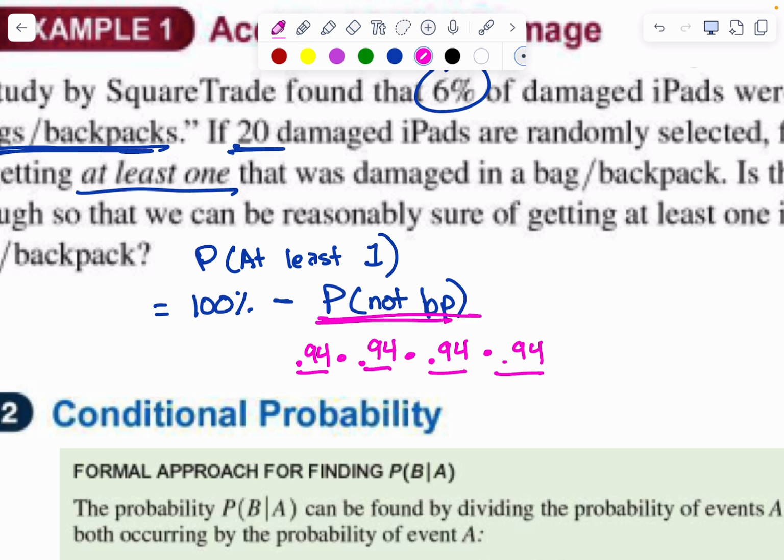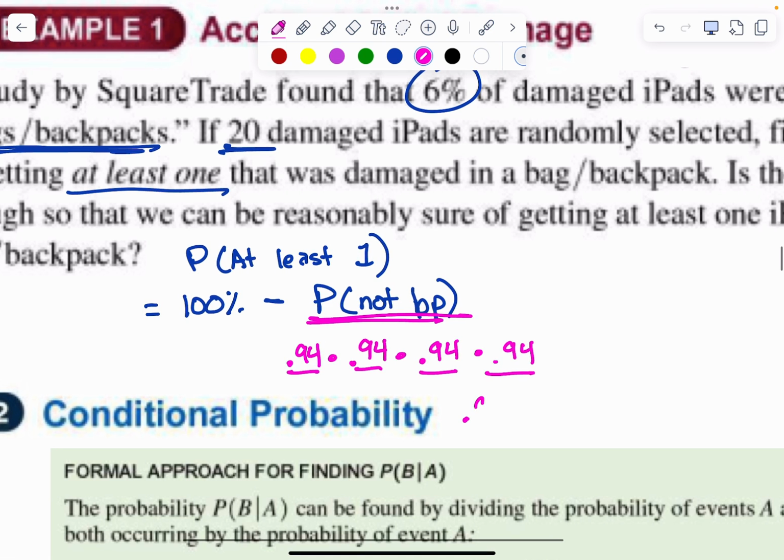So 0.94, 0.94, 0.94, 20 times. There's 20 of them, so I'm going to take that to the 20th power. The chances that it's not damaged by a backpack would be 0.94 times 0.94 times 0.94, 20 times, or 0.94 to the 20th power.